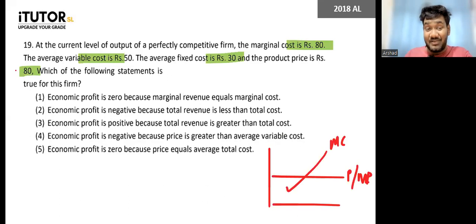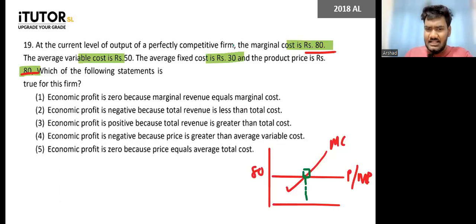They are saying price is 80, marginal cost is 80. One they give at the beginning of the question, the other at the end. But price and marginal cost both being 80 means you are at the profit maximizing level. Is that correct? Yes.